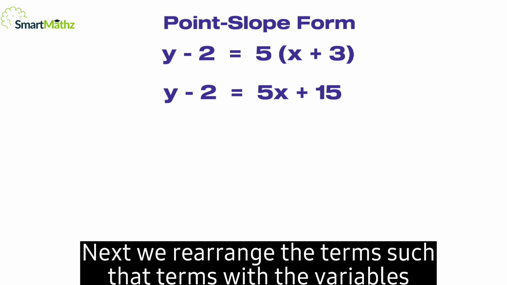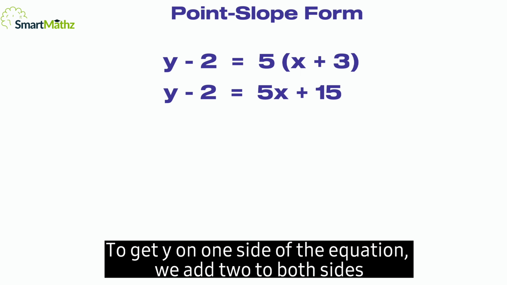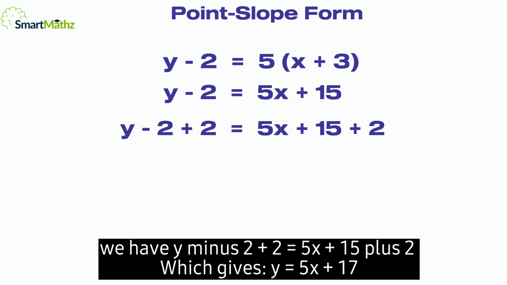Next, we rearrange the terms such that terms with the variables are on one side, while the constant is on the other side, by itself. To get y on one side of the equation, we add 2 to both sides. We have y minus 2 plus 2 equals 5x plus 15 plus 2, which gives y equals 5x plus 17.